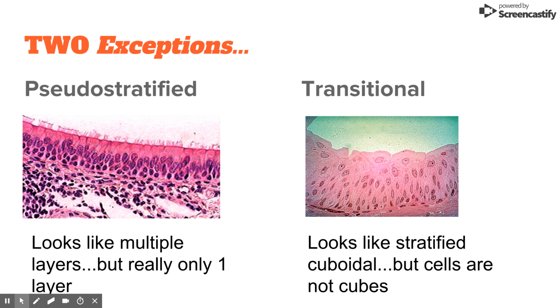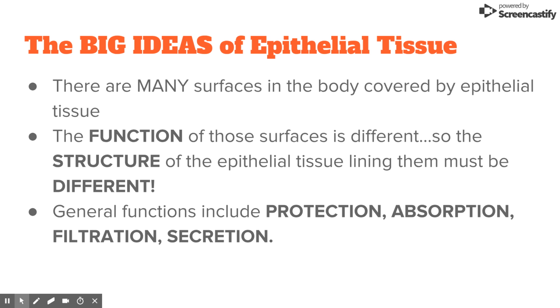So the big idea with epithelial tissue is that there are a lot of surfaces in the body, right? You have skin, you have surfaces in the tubules in your kidneys, in your lungs, in your esophagus, digestive tract, all these surfaces in your body. And clearly the functions of all those surfaces are not identical. The function of your skin is going to be different than the function of certain parts of your kidney or your digestive tract.